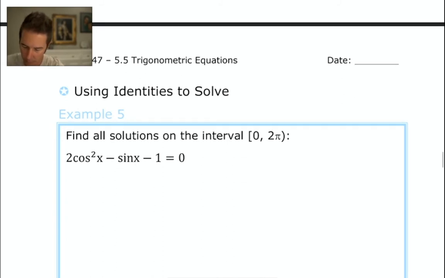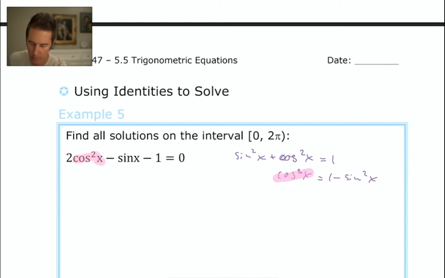Let's put a little note over to the side that says sine squared x plus cosine squared x equals 1. I'm going to solve that for cosine squared. So cosine squared x equals 1 minus sine squared x. And it's this cosine squared x right here that's going to get replaced by the 1 minus sine squared x.